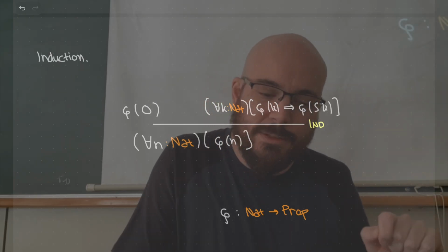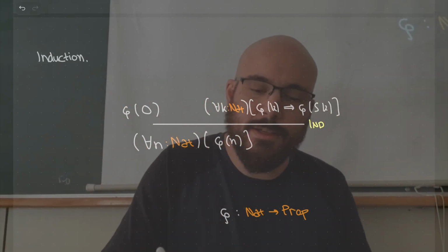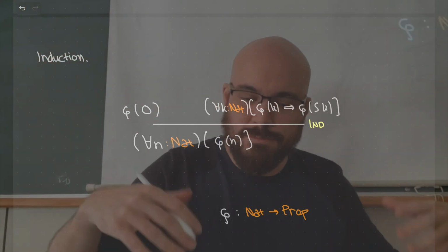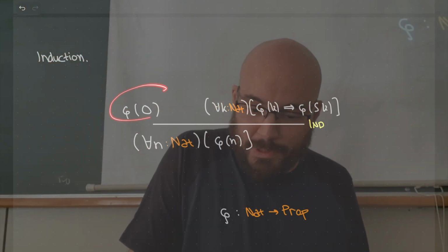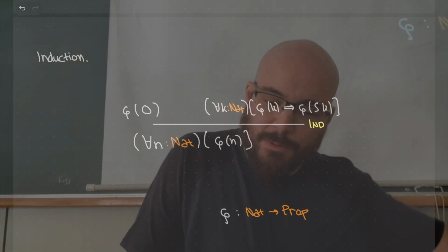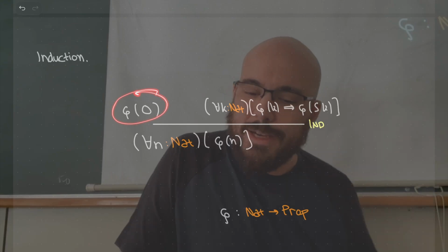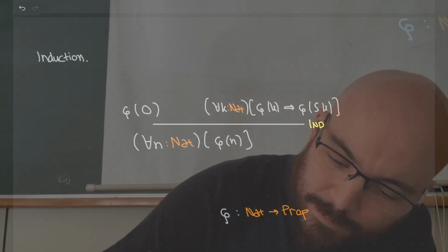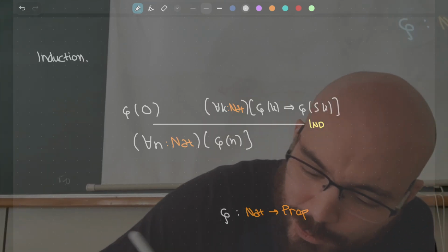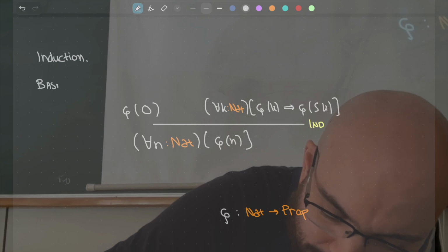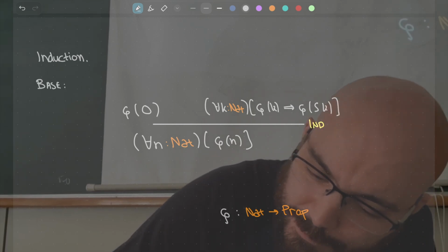If this is like that, you get to say induction, and what is the effect? Your givens do not change. You split, you have 2 things to prove. In the first one, with the same givens, this is your goal. In the second one, with the same givens, this is your goal. So we tend to call them base and inductive step. So I will do it like that. Base means this guy.